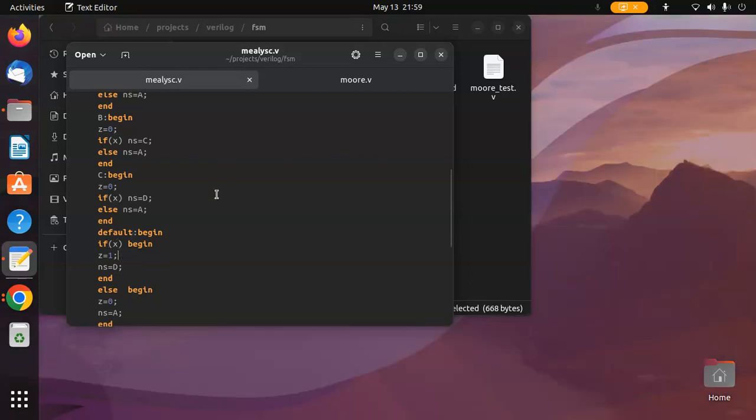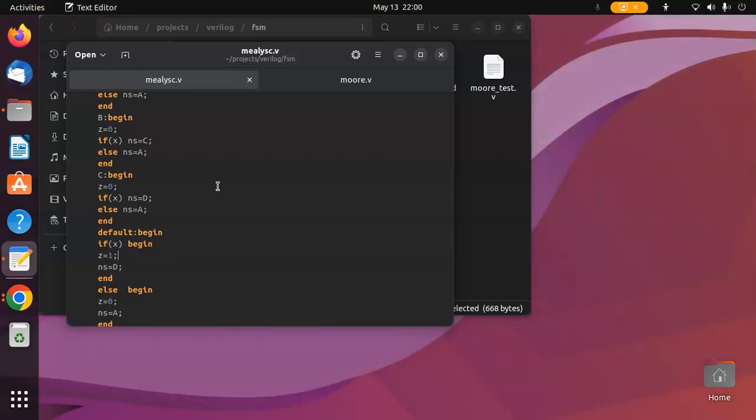Even if the next one comes, to recognize overlapping, that means to recognize 1 1 1 1 1, if the input sequence is this way, you first identify these two ones and make Z equal to 1, considering X as always 1 for this condition.